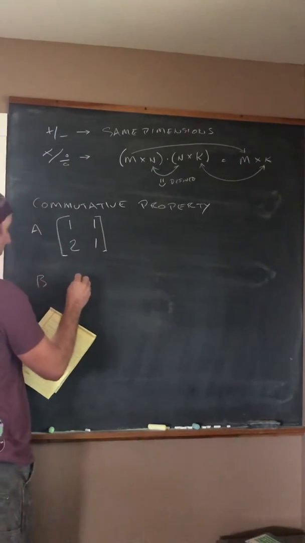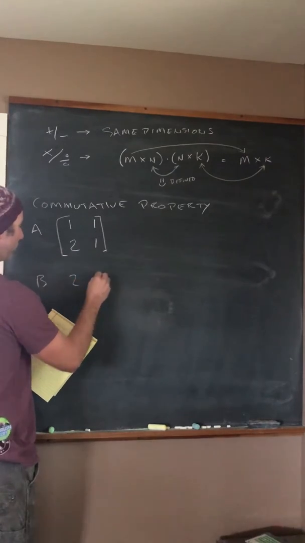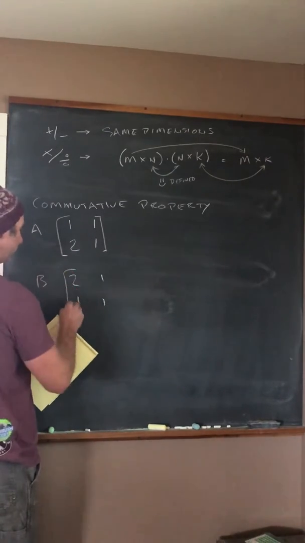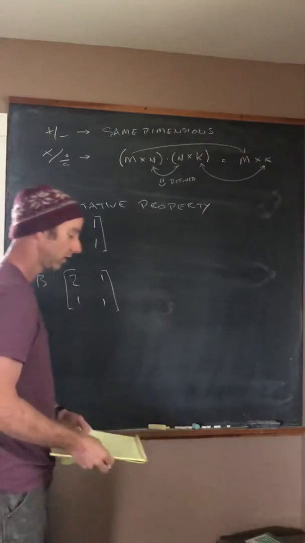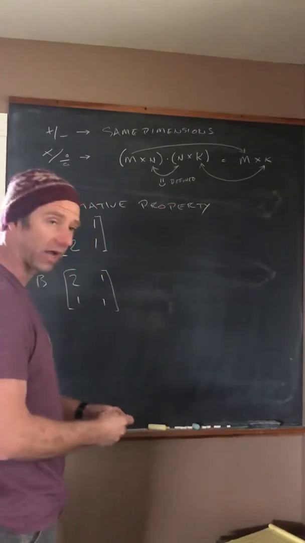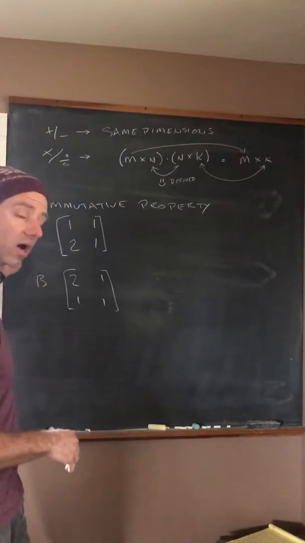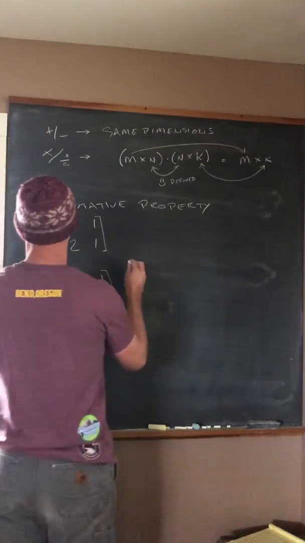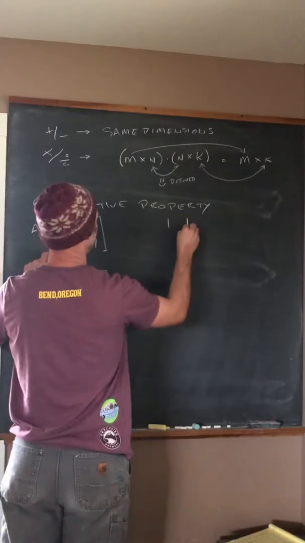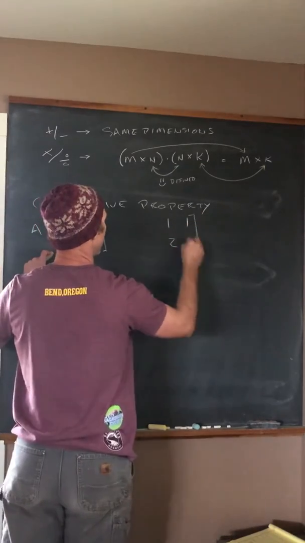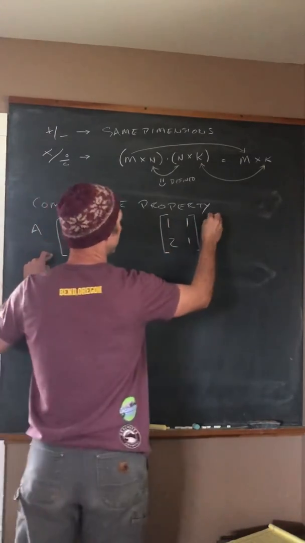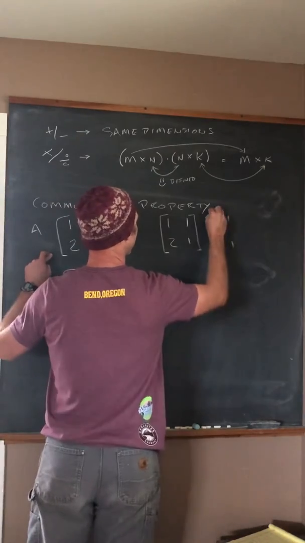And B is 2, 1, 1, 1. Okay? I'm going to go ahead and multiply these both ways. I'm going to do A times B, then we're also going to do B times A. So, A times B, 1, 1, 2, 1, 2, 1, 1, 1.